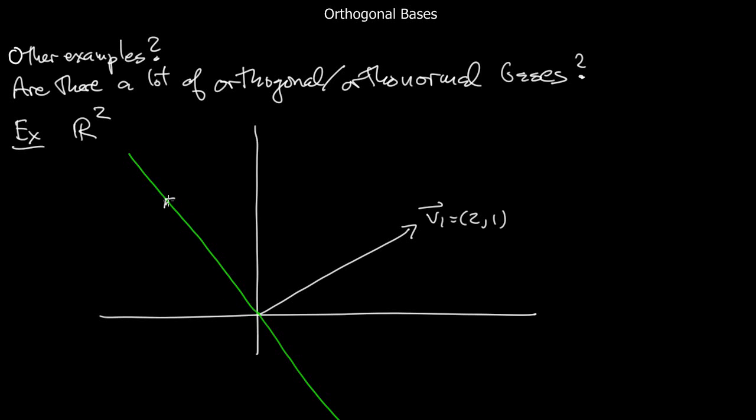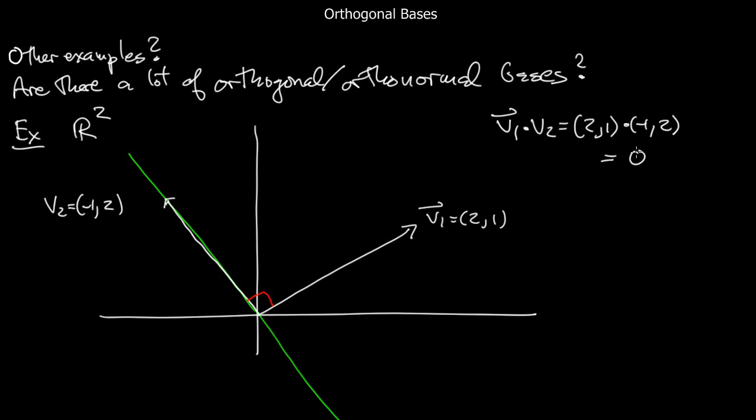So, for example, you can take the vector minus 1, 2. And that's clearly an orthogonal basis. These two vectors are a basis, and they're at a right angle. So it's very easy to construct orthogonal bases. In R2, you just take any two vectors which are orthogonal to each other, and there's lots of those.